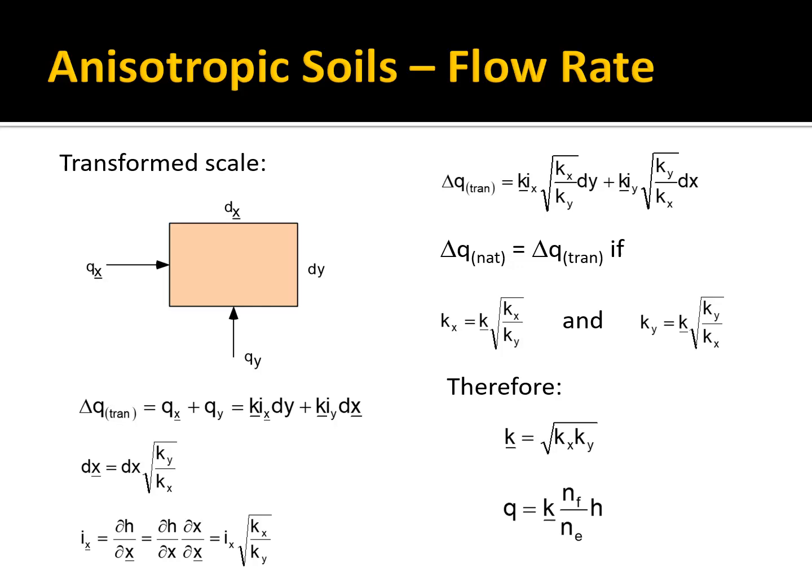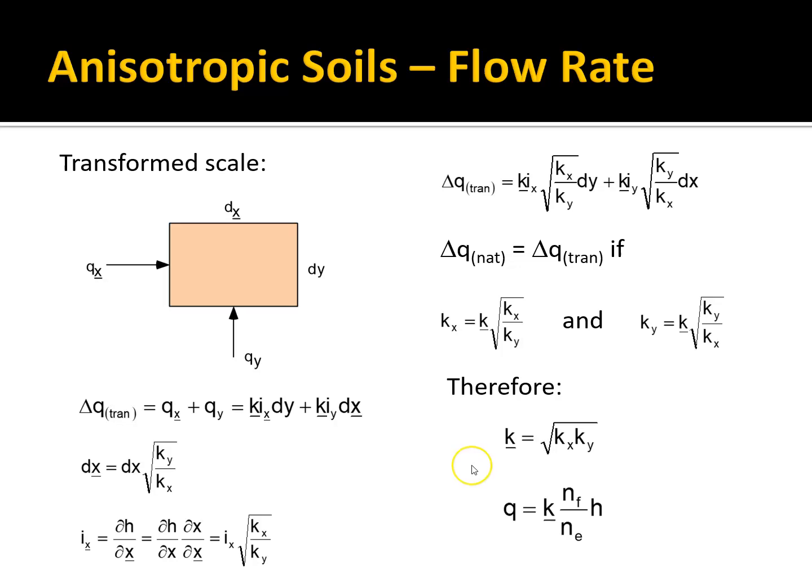It's equal to i times the square root of kx over ky. And with that, we can plug that into our delta Q transformed. And the Q at the natural scale is equal to the delta Q transformed if kx equals the square root of kx over ky, and ky is equal to the transformed k times ky over kx.